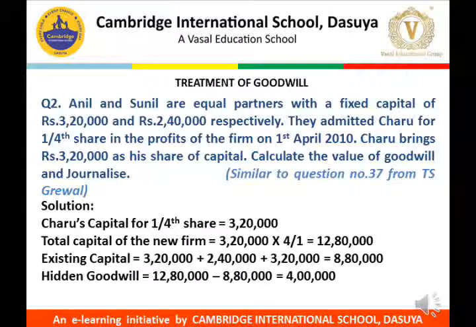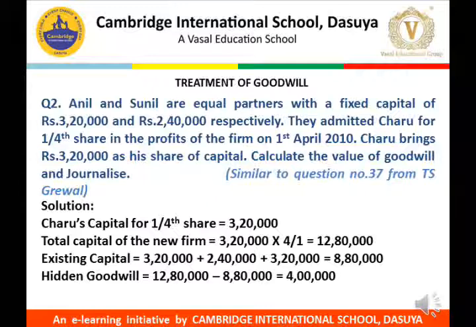Now the existing capital means the capital of old partners plus the capital brought in by new partner. It is 3,20,000 plus 2,40,000 plus 3,20,000, which comes to 8,80,000. This is the total existing capital of the firm.